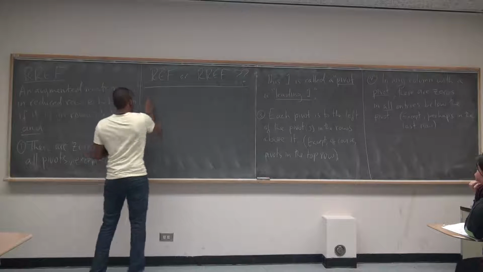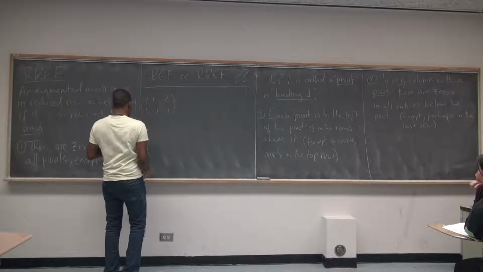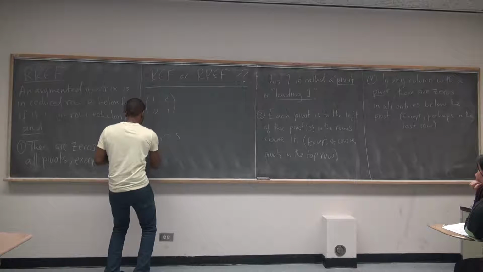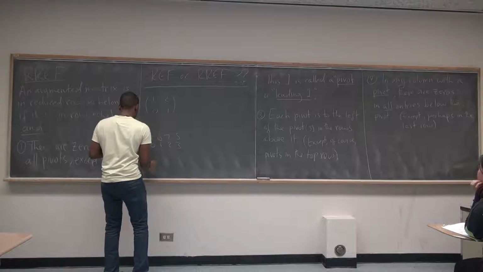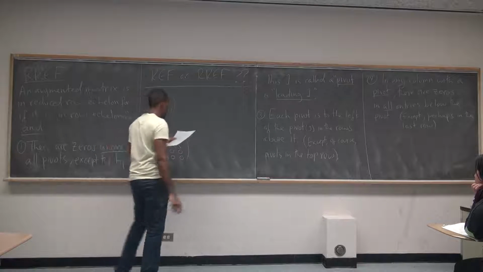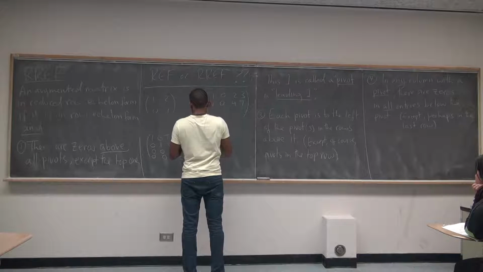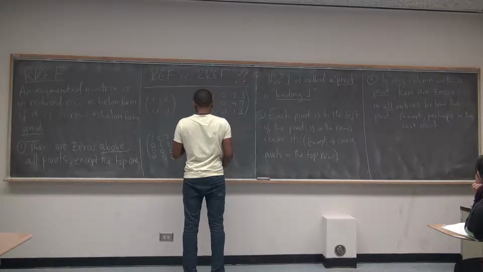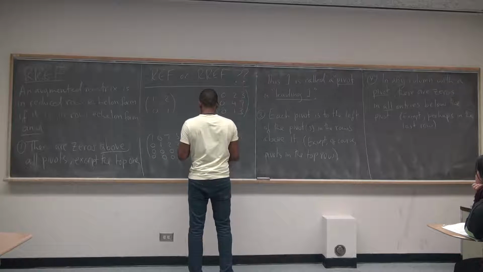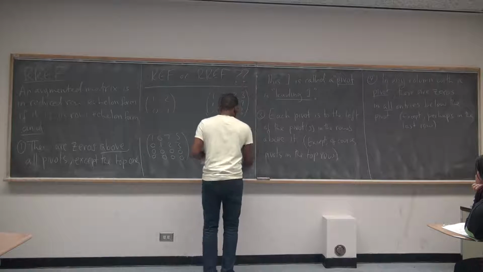Here are the matrices. 1, 2, 0, 1. 1, 0, 7, 5, 0, 1, 2, 3. 0, 0, 0, 0, 0, 0, 0, 0. 1, 0, 2, 3. 1, 0, 4, 7. 0, 0, 1, 3. 1, 0, 2, 3. 0, 1, 0, 4. 0, 0, 1, 7.